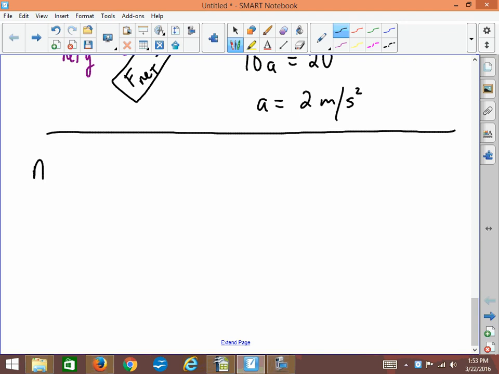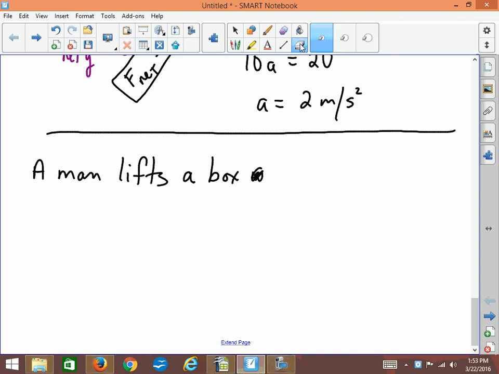A man lifts a box at a constant speed. Okay, when you lift things, generally we don't lift them faster and faster and faster. We lift them up nice and steady.